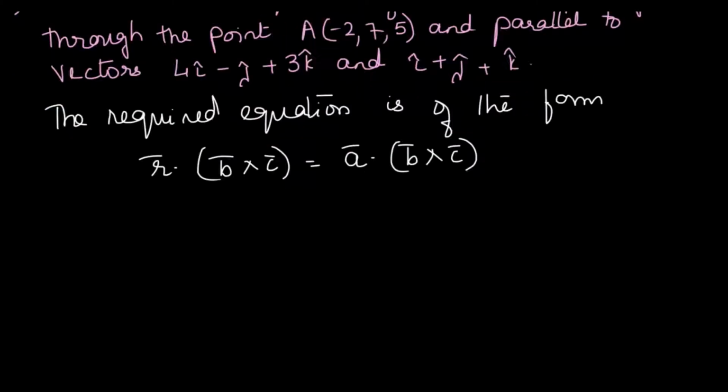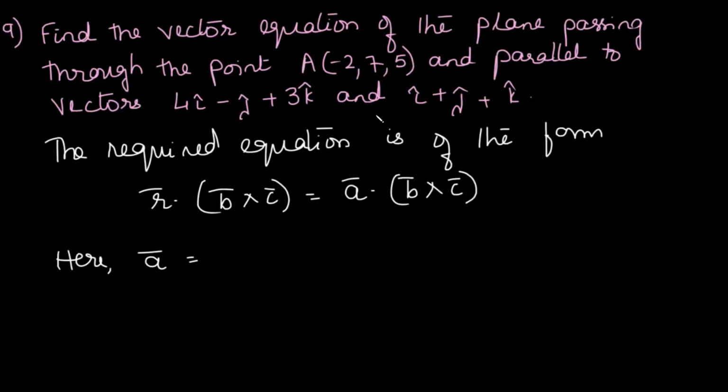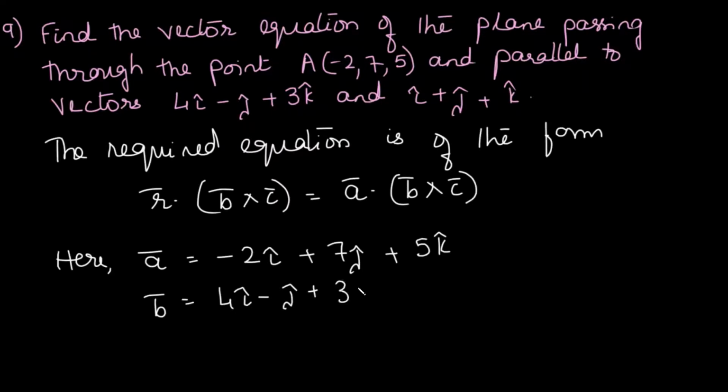Here A, which is a point on the plane, becomes minus 2i plus 7j plus 5k. And the other two vectors are B equal to 4i minus j plus 3k and C equal to i plus j plus k.